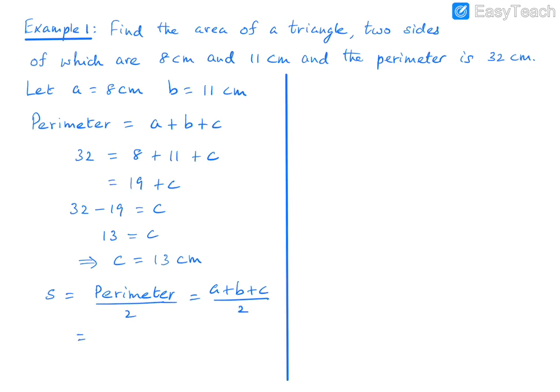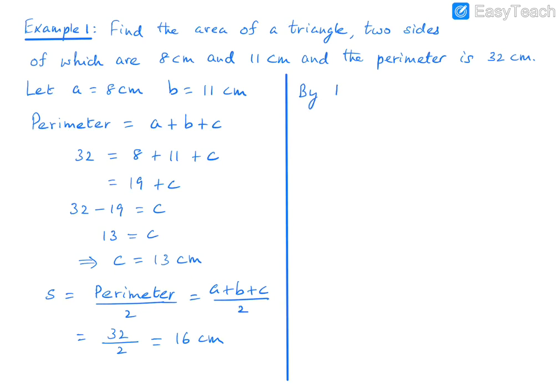So we don't need to add A, B, C once again. We already know that sum as 32, by 2, which is equal to 16 centimeters. So we have now obtained the value of the parameter S, the semi-perimeter, which is equal to 16 centimeters. Now, according to Heron's formula, the area of the triangle can be computed.